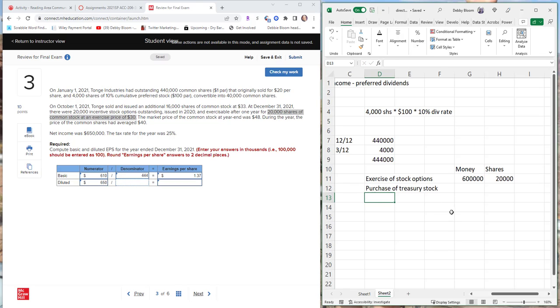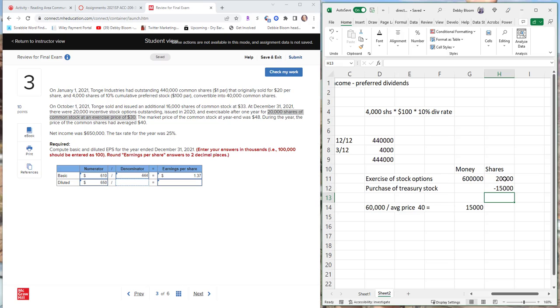We're going to use the average price of the common stock. So we're going to take $600,000 divided by the average price of $40. If we purchase that stock with the $600,000, we would purchase another 15,000 shares.